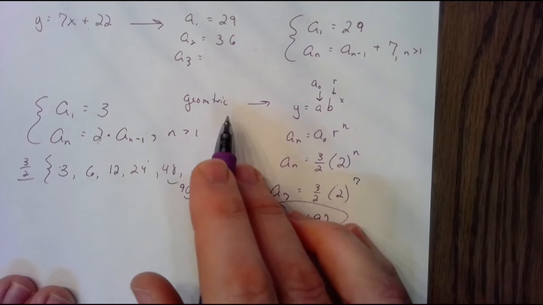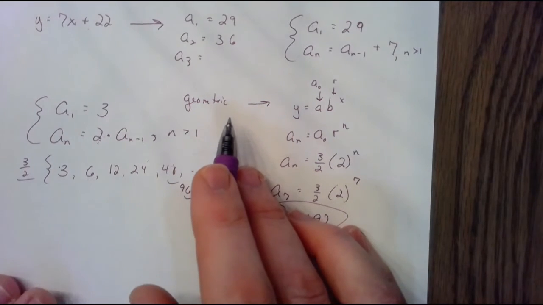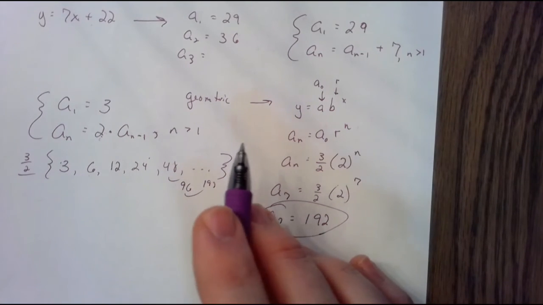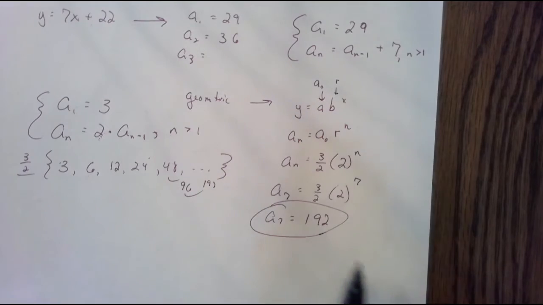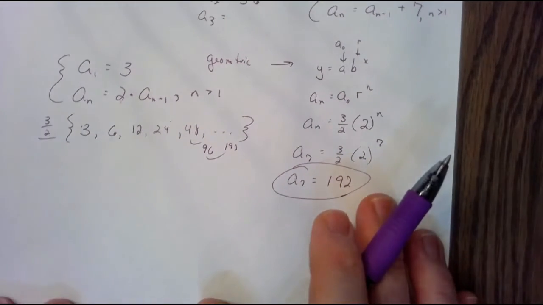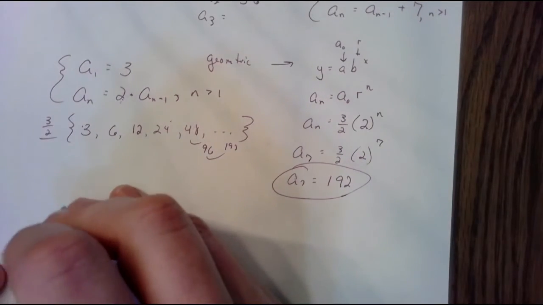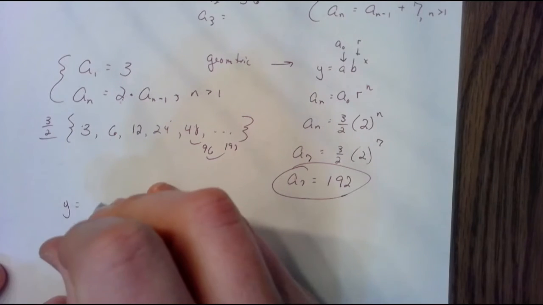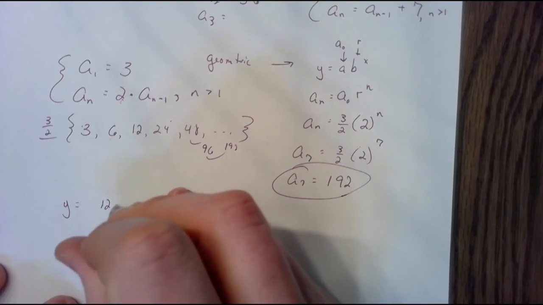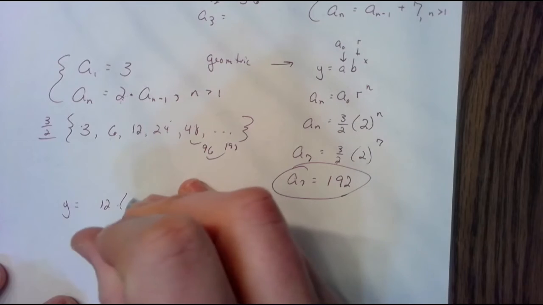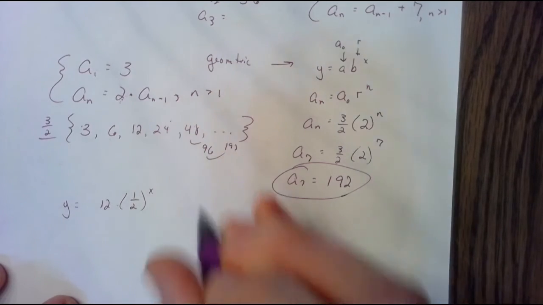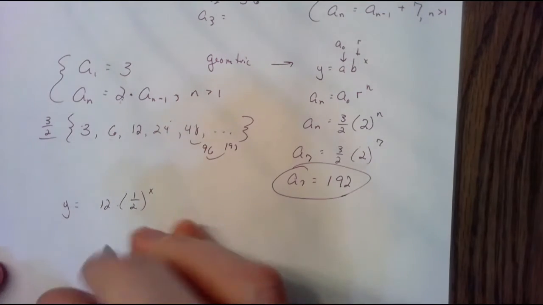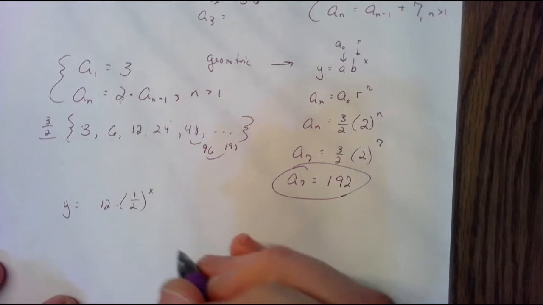Likewise, we can do this going the other way. y equals 12 times, let's go with 1/2 to the power of x. I can figure out what the first term would be. Just plug in 1. So 1/2 to the first power is 1/2. 1/2 of 12 is 6. So y sub 1 would equal 6.